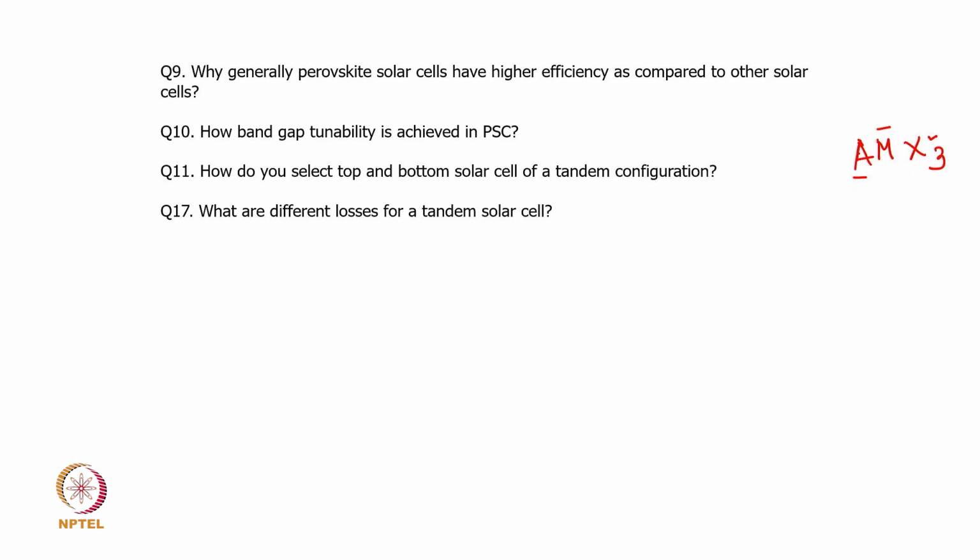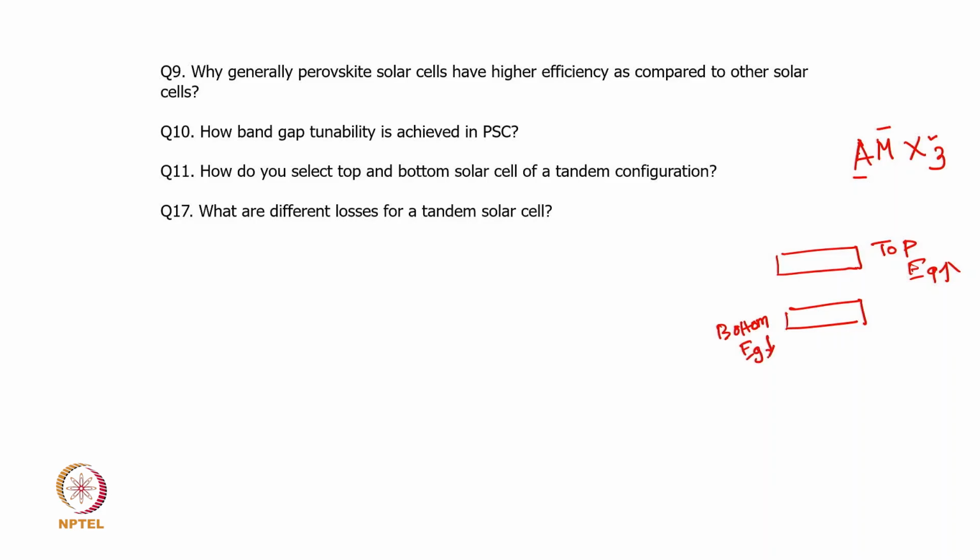How do you select top and bottom solar cell of a tandem configuration? We have already discussed, the top one is higher band gap and the bottom one is lower band gap.